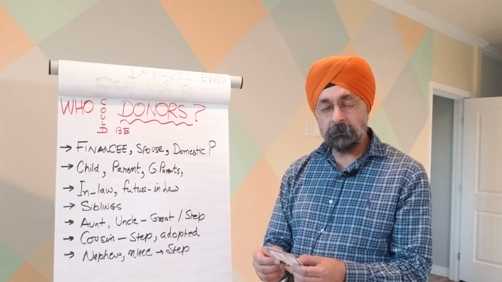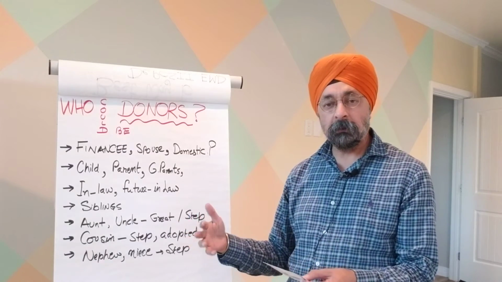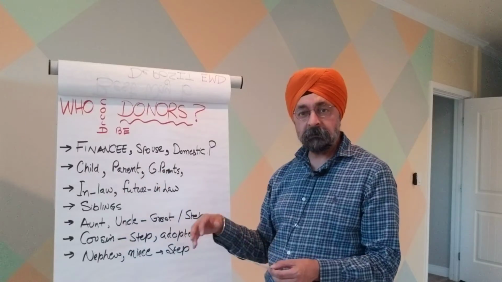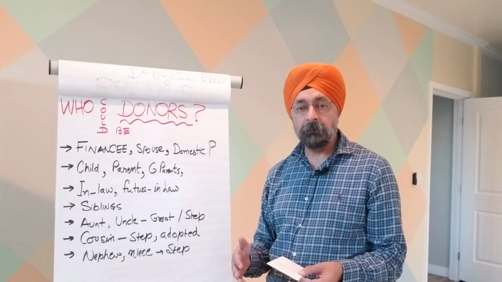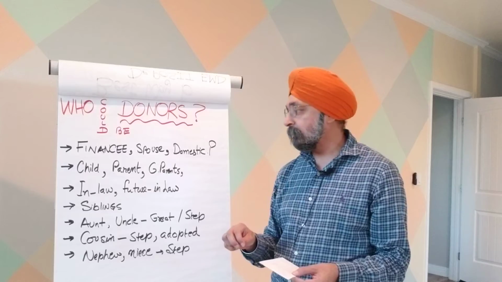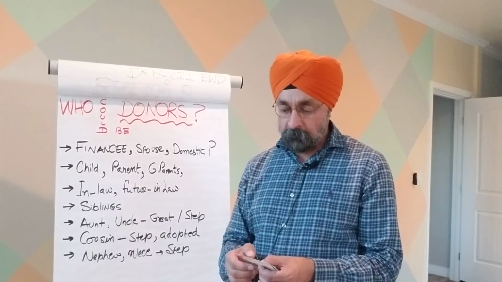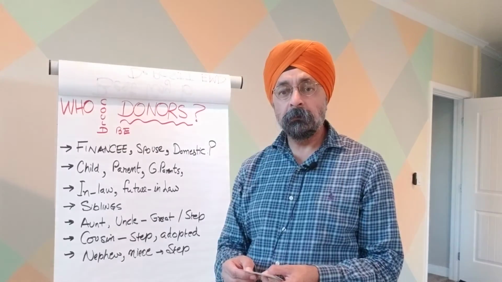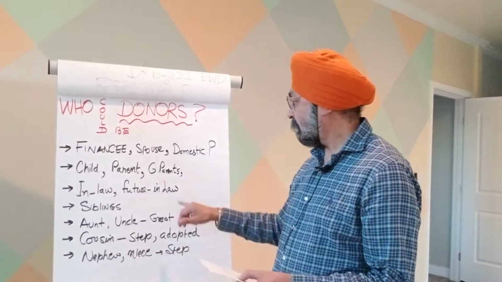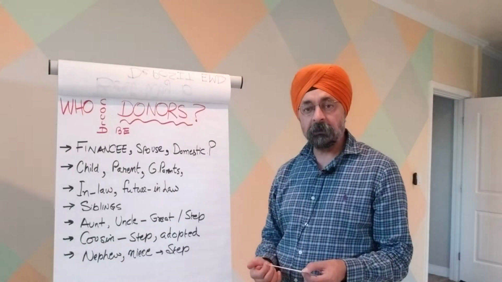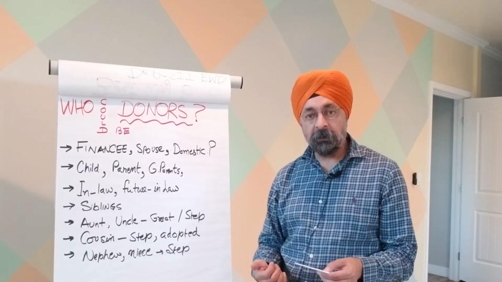Same thing with the parents, not just your own blood parents, but it could be your stepparents, your foster parents, those are acceptable. And same thing with the grandparents: step grandparents, adopted grandparents, foster grandparents.